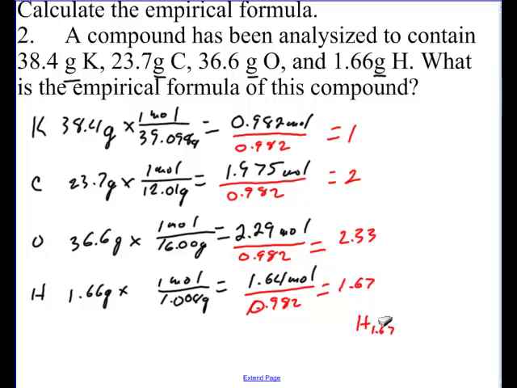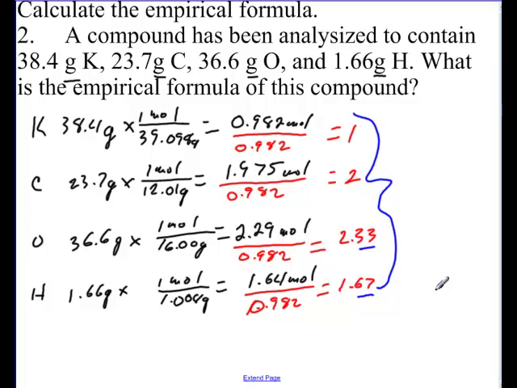So we've got to come up with a number that we can multiply all of these by in order to get rid of this 0.33 and 0.67. And hopefully you know that 0.33 is a third and 0.67 is 2/3.